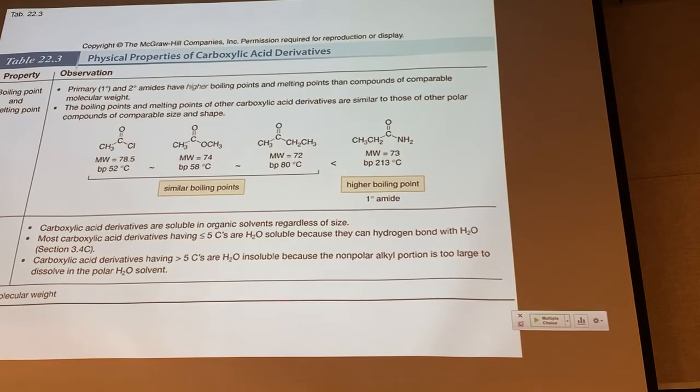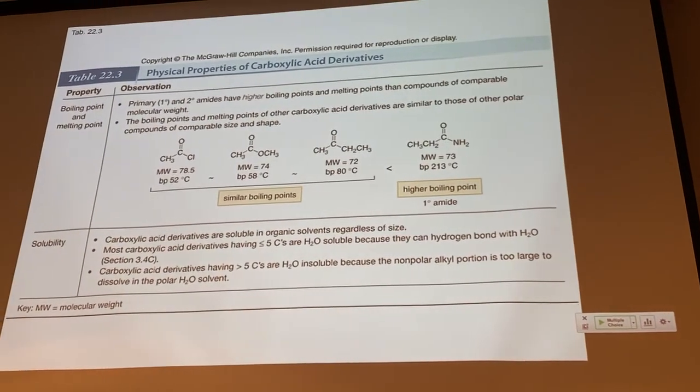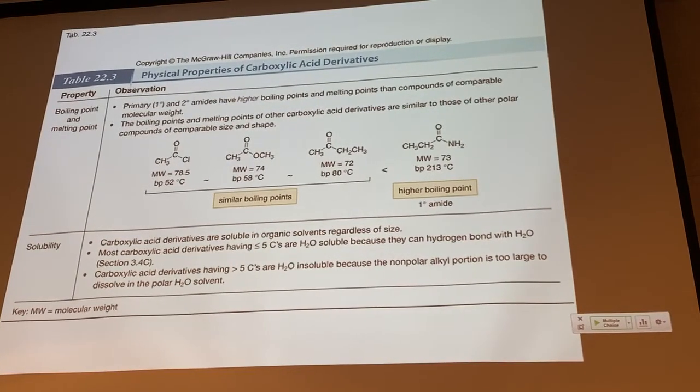Let's briefly summarize their physical properties. This table does that. And this is not carboxylic acids because we covered those in chapter 19. This is only the derivatives. And what we find is that amides are going to behave differently from all the rest.